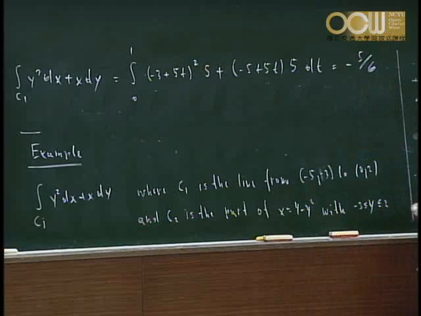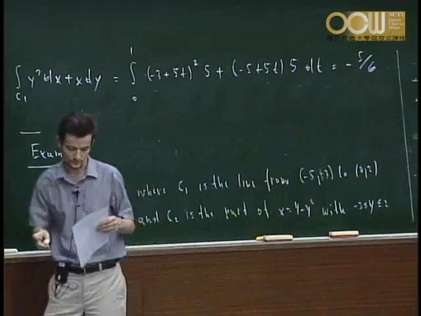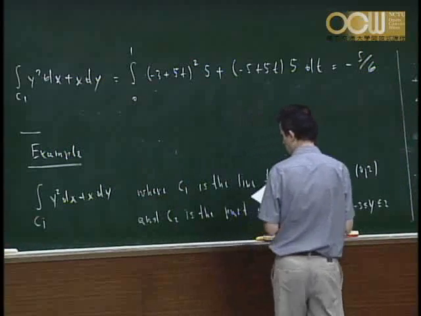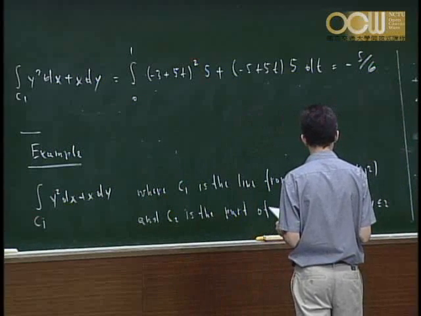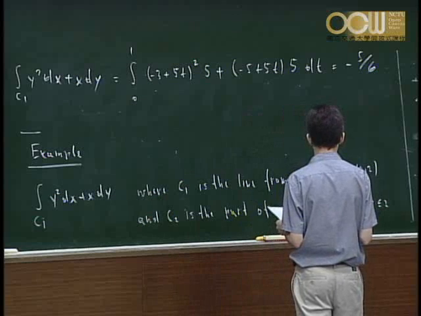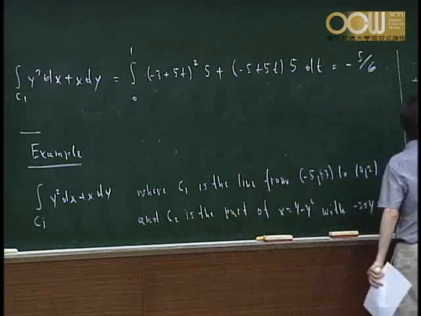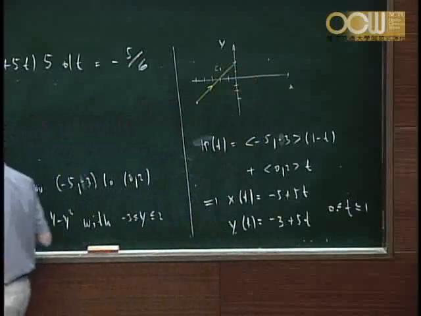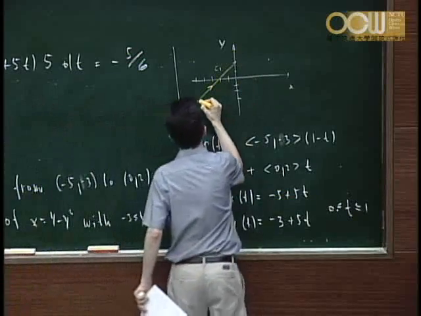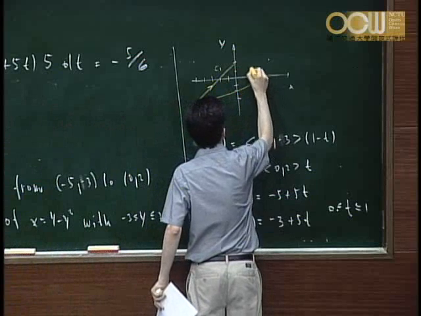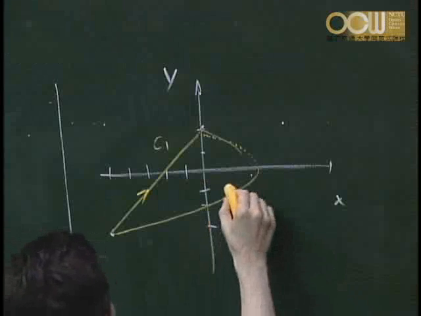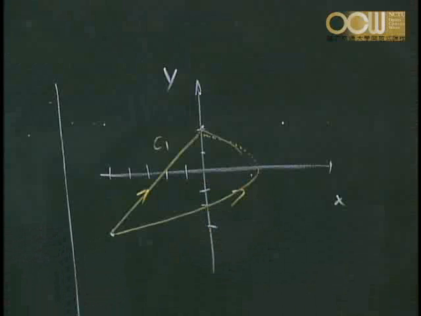You see that the computation of such a line integral is also not very complicated. Now, how about the second line? The second line is a parabola. If x is equal to 0, you are here and here. So you easily see that the second one is a curve like this here.